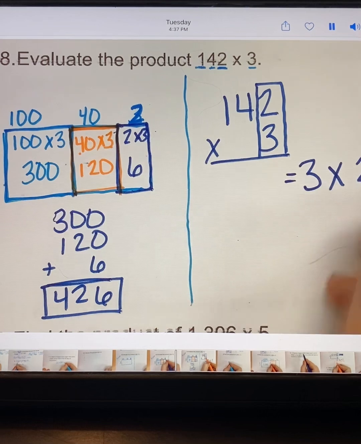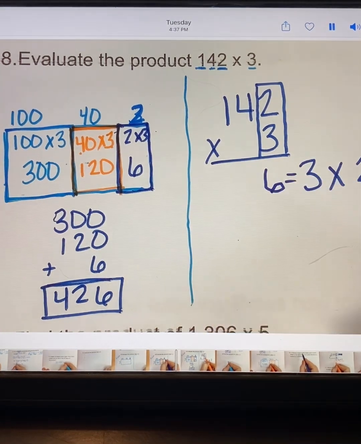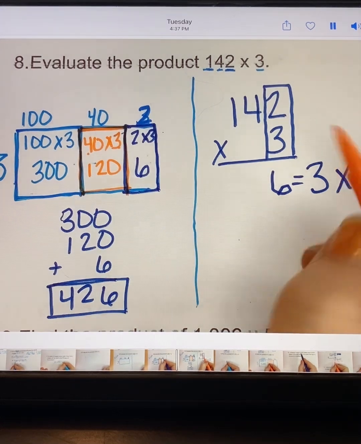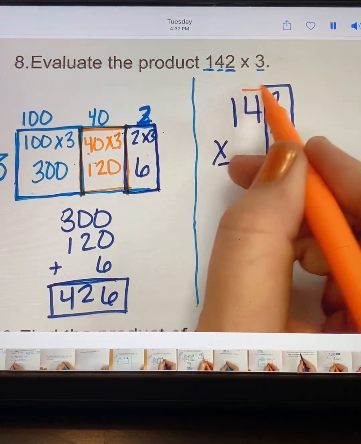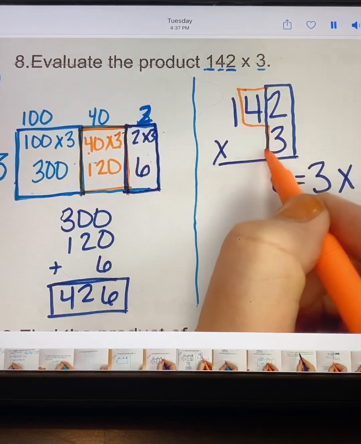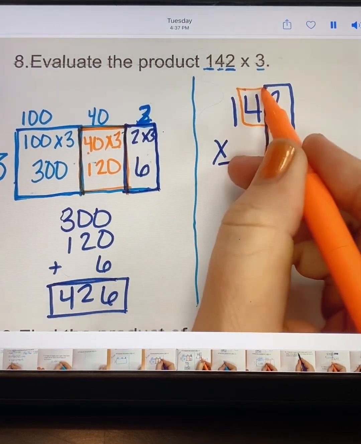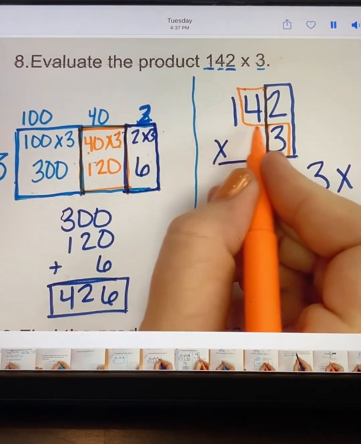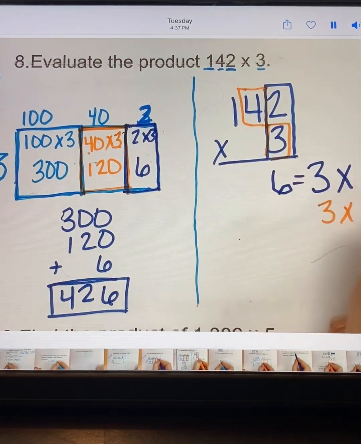Well, what is 3 times 2? 3 times 2 is 6. All right, next, I'm going to multiply my tens place times 3, okay? So now I'm going to multiply 3 times, now the value of this 4 here is 40.